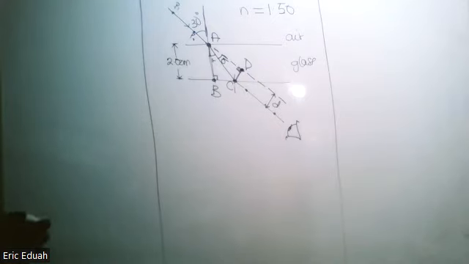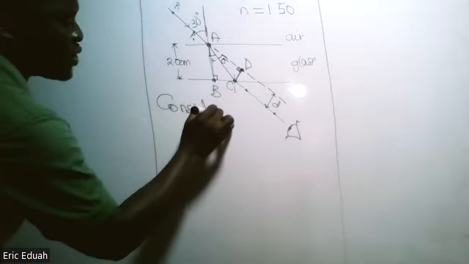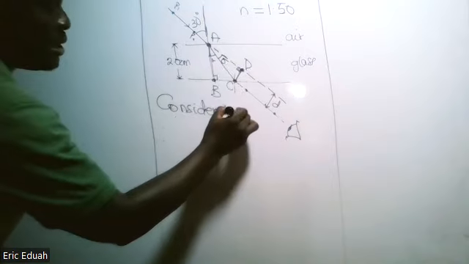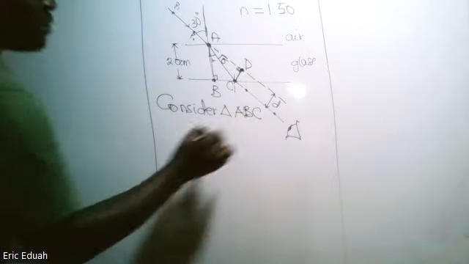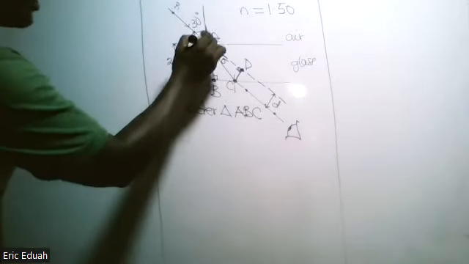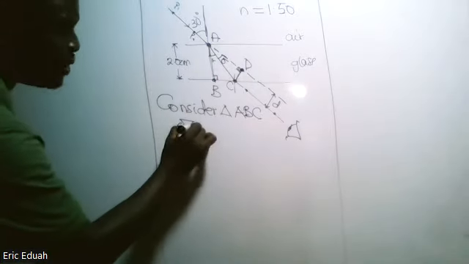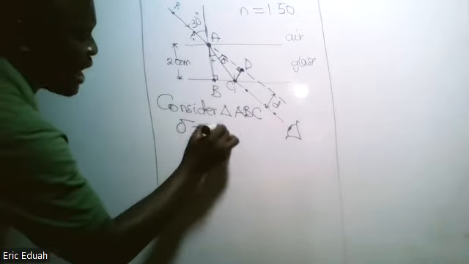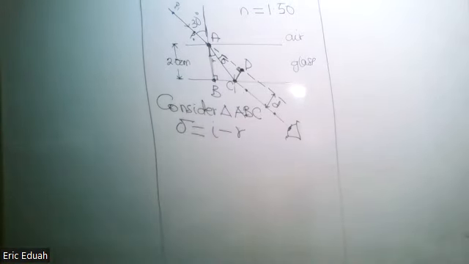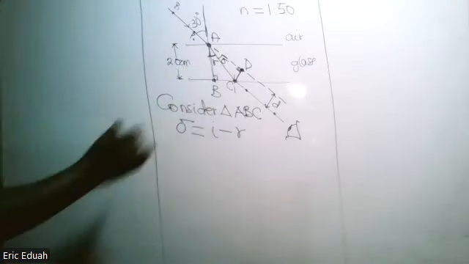It means that when we consider triangle ABC, now we know that the angle of deviation sigma would be equal to the angle of incidence minus the angle of refraction. So we will need this angle, which is the deviation.